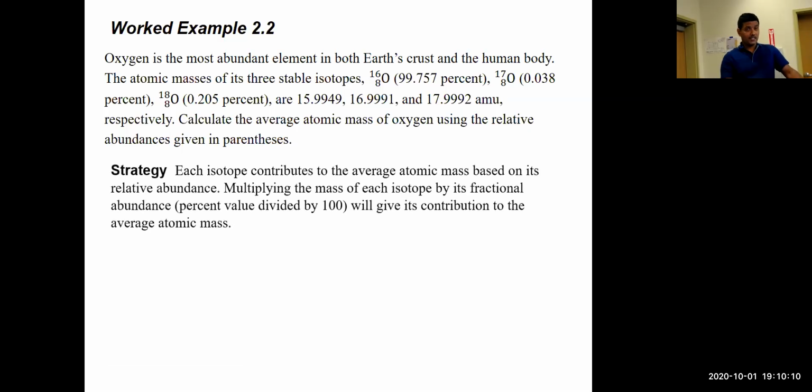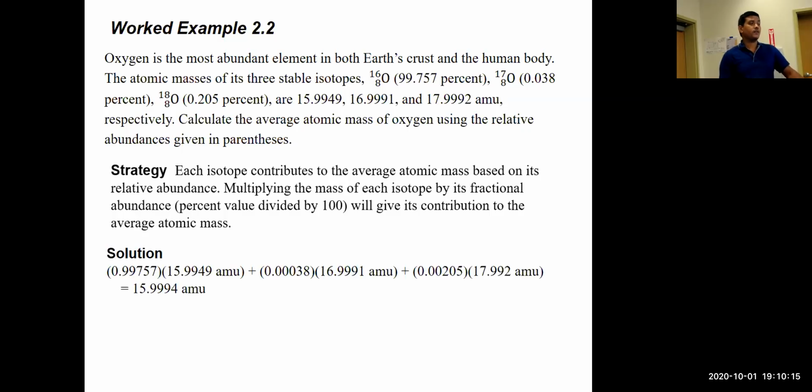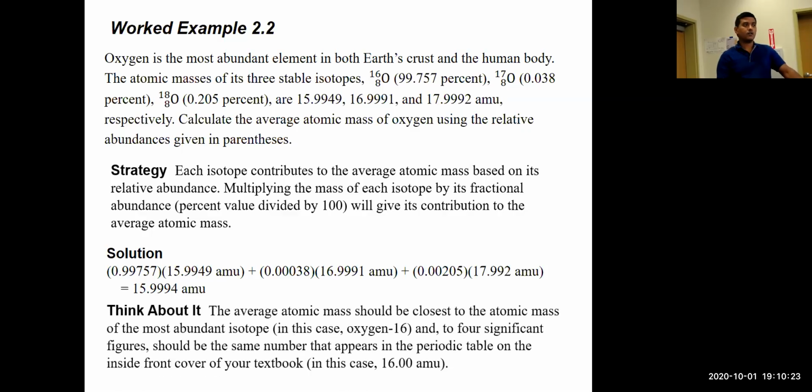For oxygen, you should get 15.9994 atomic mass units because of its three available isotopes with respect to their natural abundances. So that's all you need to know from part 5 of chapter 2. I'll see you again in part 6 of the lecture.